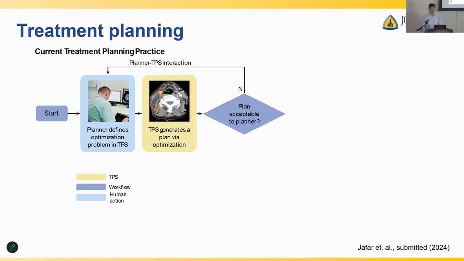These planners are not necessarily physicians, so at this moment, the plan quality only meets the planner's expectation, but not necessarily the physician's. Of course, a plan generated this way meets the deliverability condition because it's done by the software. The software already considers all the hardware limitations. So that's the deliverability aspect of the consideration.